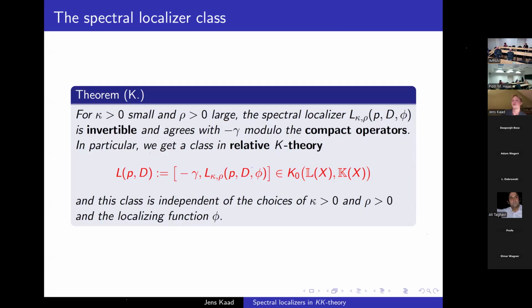So once you translate this and look at the case where the coefficient C star algebra is just the complex numbers, you really see this half signature appearing once you compute the isomorphism between this K group and the integers.